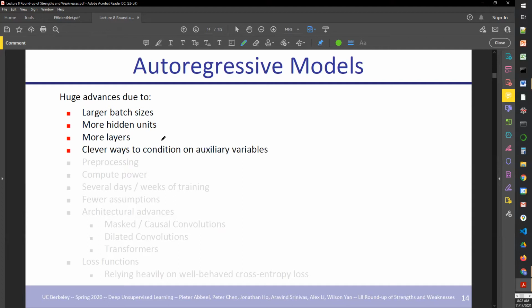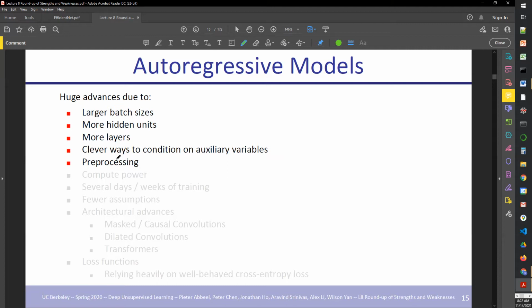Then there is pre-processing. In the case of WaveNet, the continuous audio that is typically available to us as input is processed and converted into discrete entities. We saw that also in self-supervised learning towards the end. So there are some pre-processing techniques that we apply to get these good results.